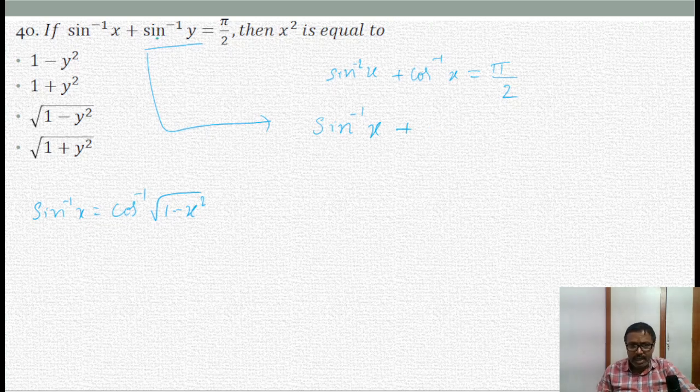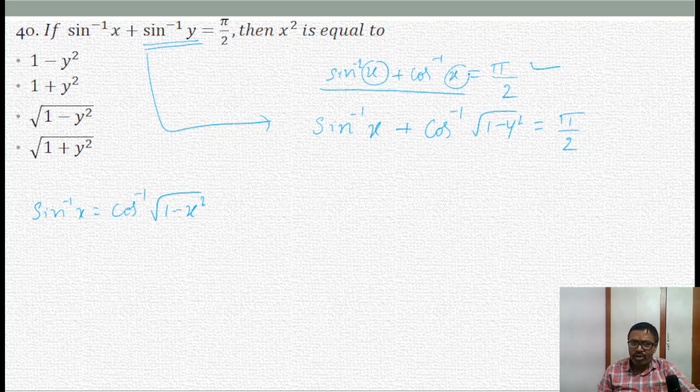So here sine inverse y, let us write it as cos inverse root of 1 minus y square is equal to pi by 2. When both the values are the same, that means here we can take x must be equal to root of 1 minus y square, then only sine inverse x plus cos inverse of root 1 minus y square must be equal to pi by 2.